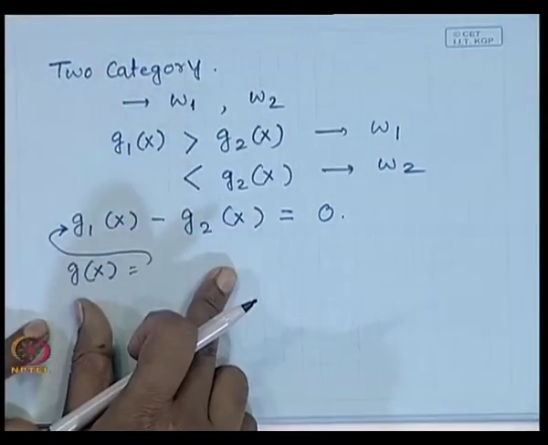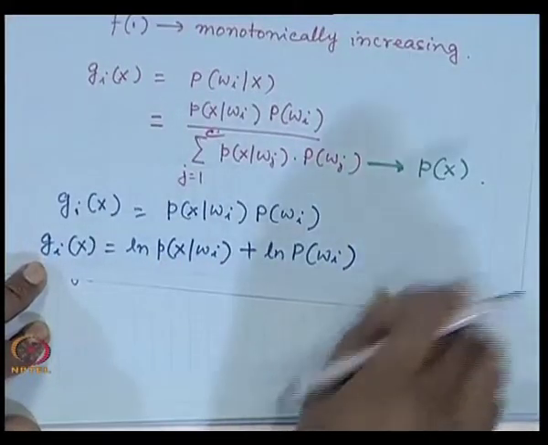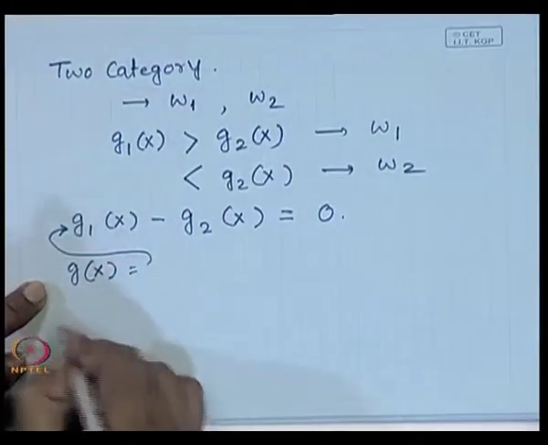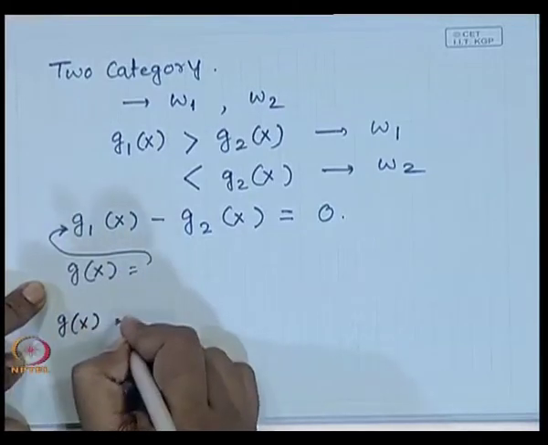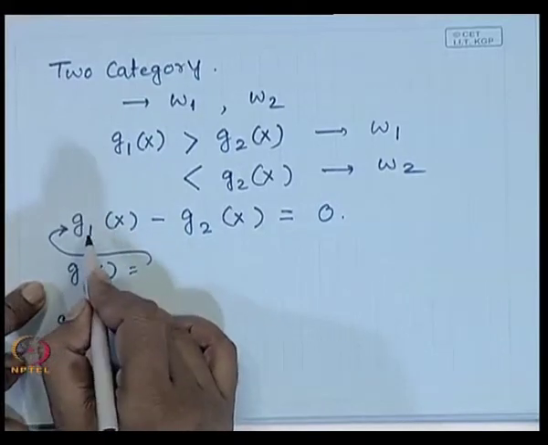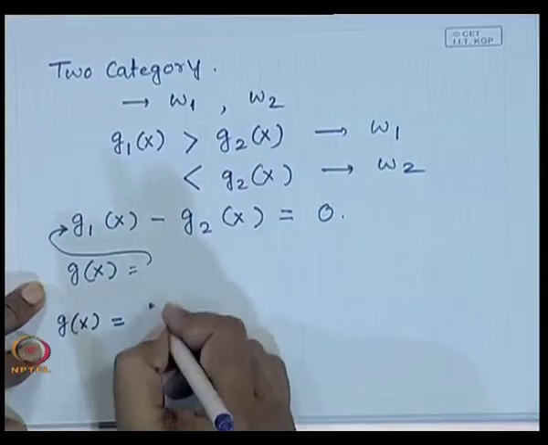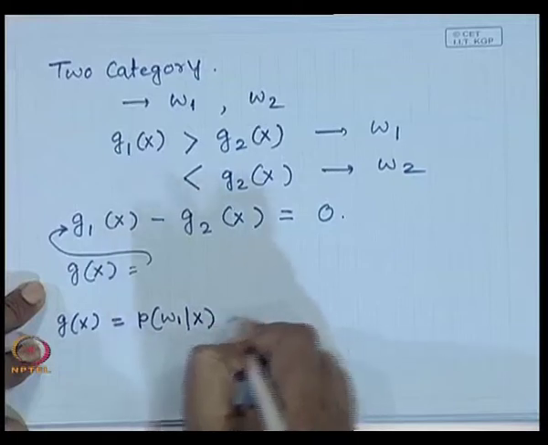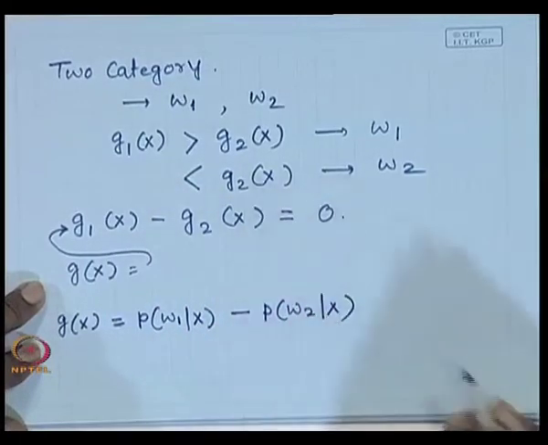And if I use g_1(x) to be p of omega 1 given x and g_2(x) to be p of omega 2 given x, then g(x) becomes p of omega 1 given x minus p of omega 2 given x.